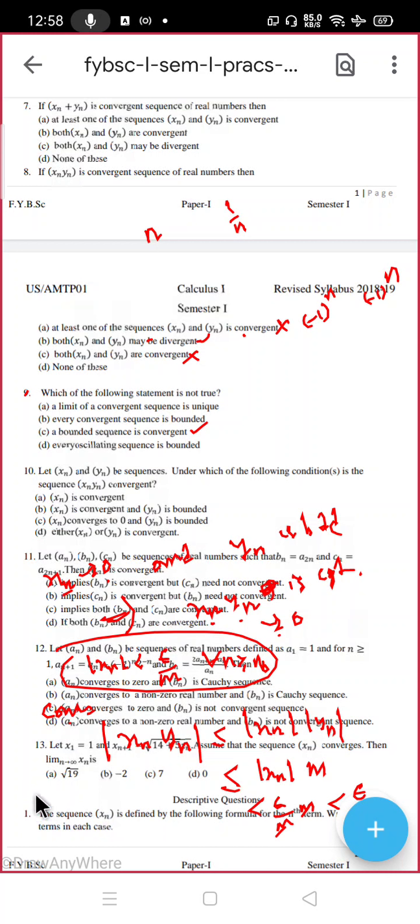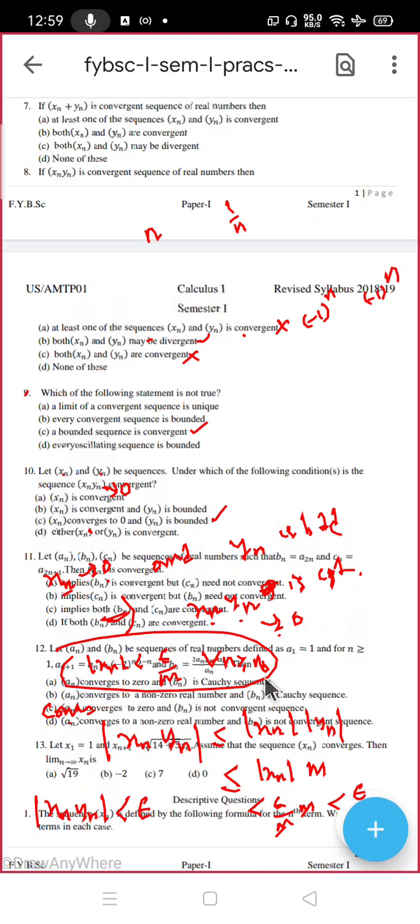So what did you prove? You proved that Xn into Yn is less than epsilon. That means this converges to 0. Proof was easy. Sorry, I forgot that. I should have done the proof there. So option C is the perfect one. To prove the product converges, you just require this: one must go to 0 and the other must be bounded, and the product will converge to 0.